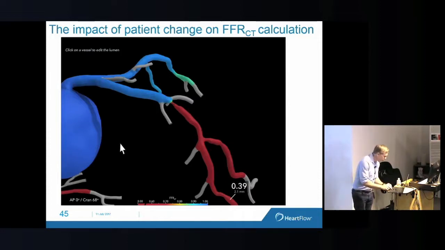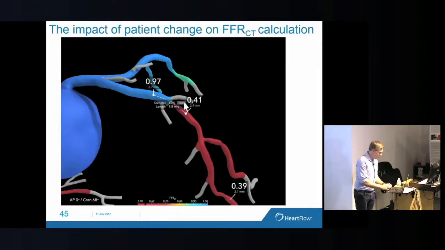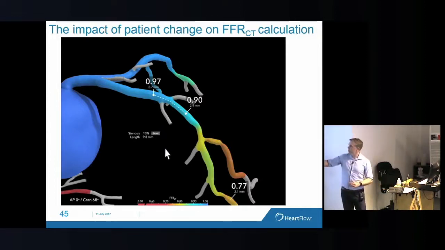So we want to provide a tool for the physicians to look at different scenarios and say, what happens if I were to do certain things? How does the FFR calculation change? So the idea is that the physician will have this tool and it will allow them to mark this area.